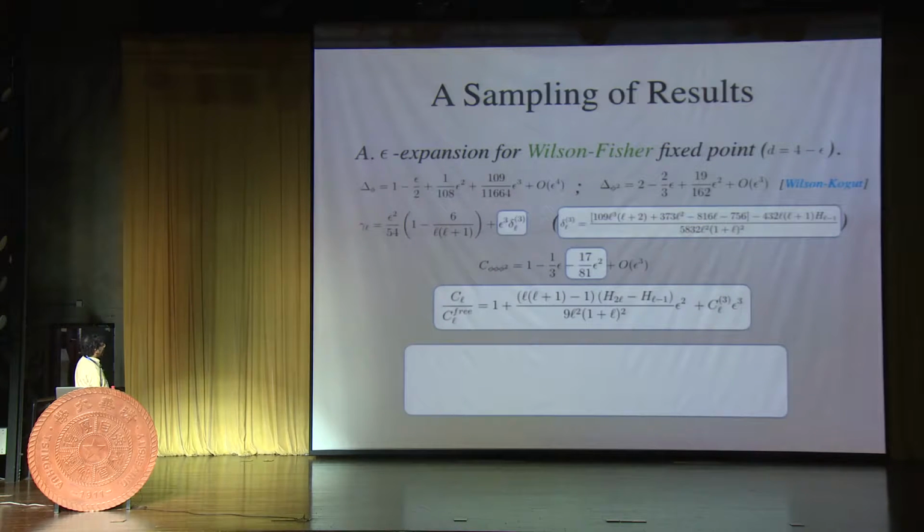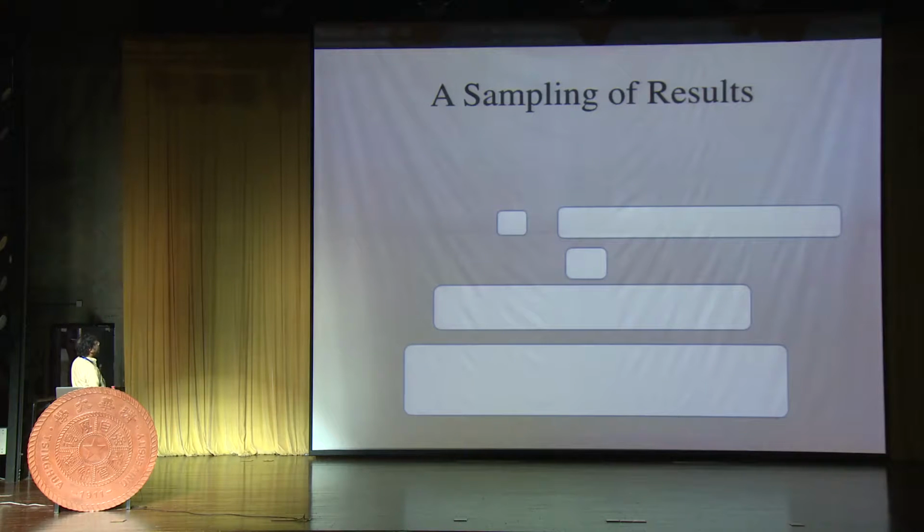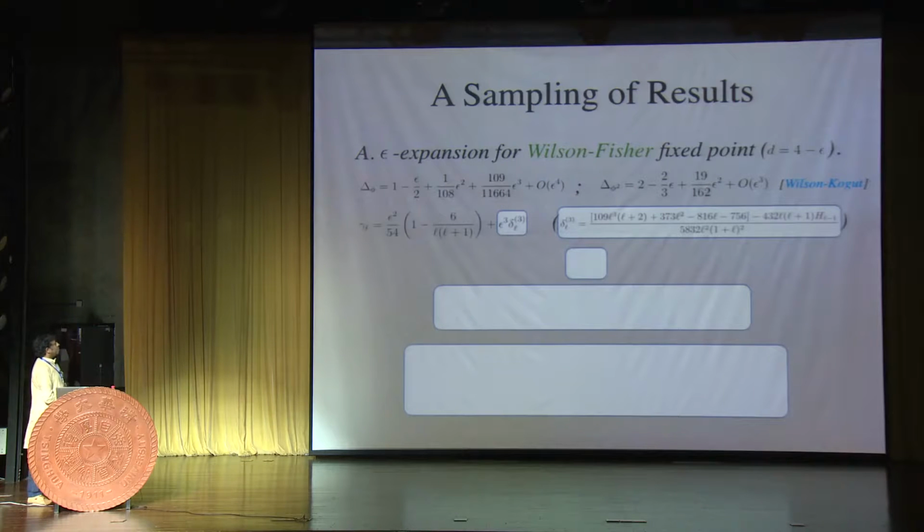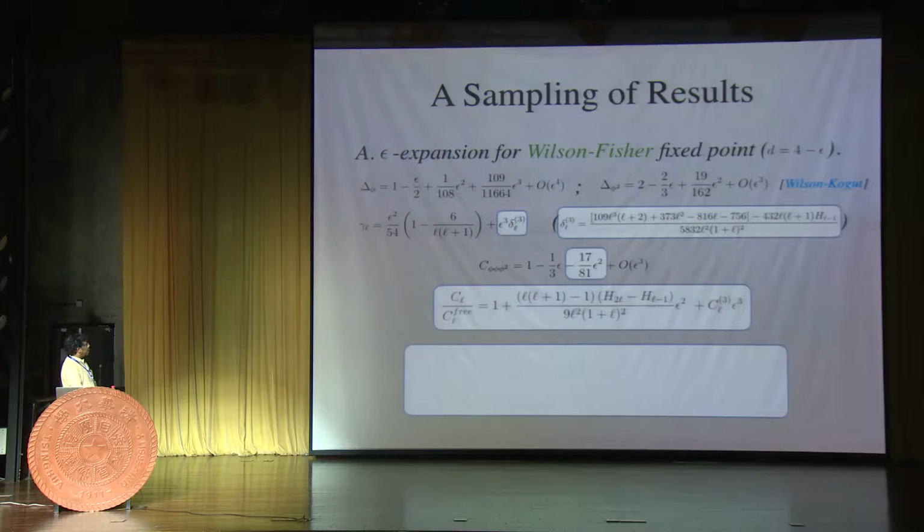But most gratifying, I think, is the fact that we can compute OPE coefficients, which are very difficult to compute using Feynman diagram analysis. So for instance, the 3-point function of 2 phi's and the phi squared operator: of course, the leading correction you can compute using Feynman diagrams, but the next correction is not easy, and it's something we can find fairly easily.